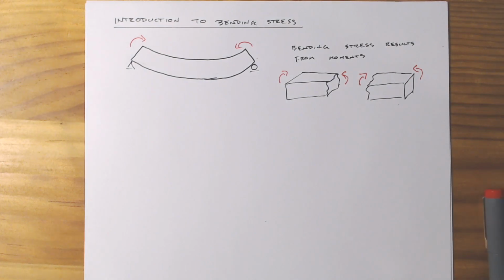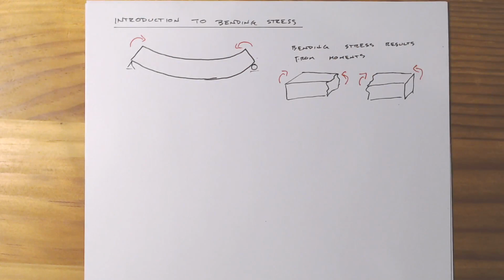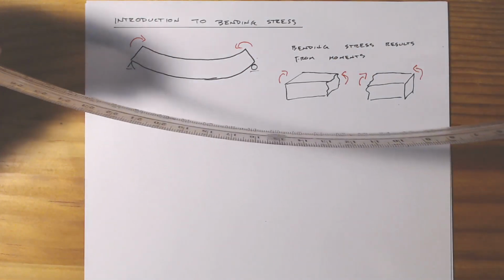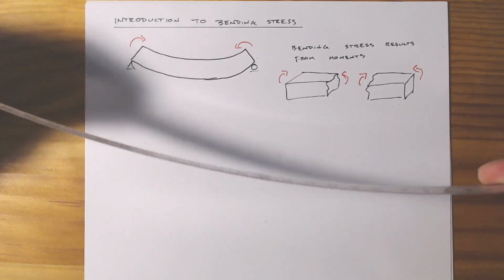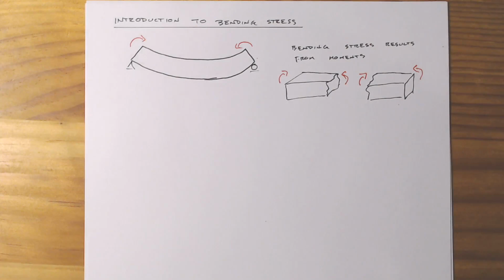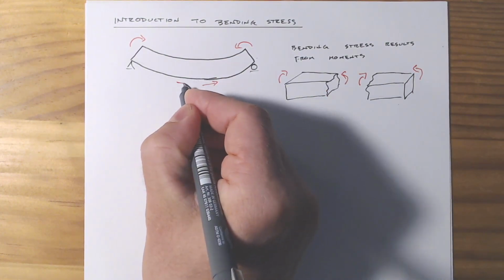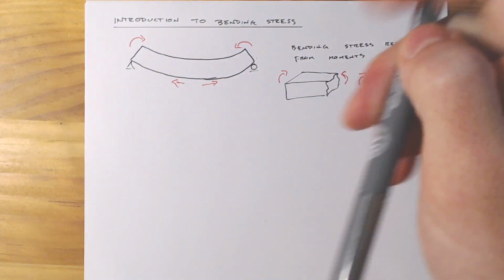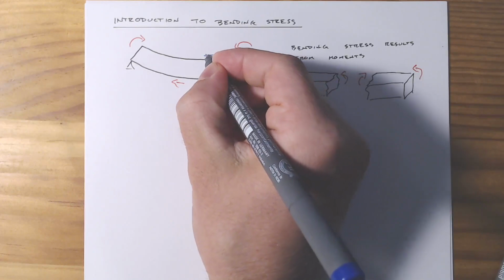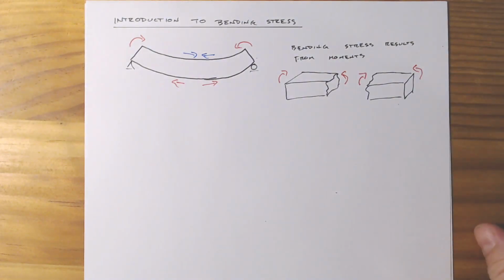And if we think about it, what this internal moment's going to do as we're pulling and bending on it is it's going to want to bend our element. And in order for our element to bend, the bottom has to get longer and the top has to get shorter. And so we'll just draw that in here. All right, so if the bottom's getting longer, and then our top is getting shorter because it's in compression.